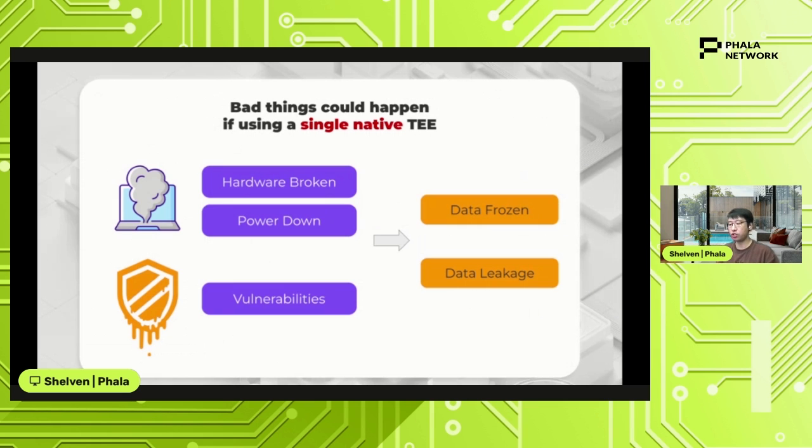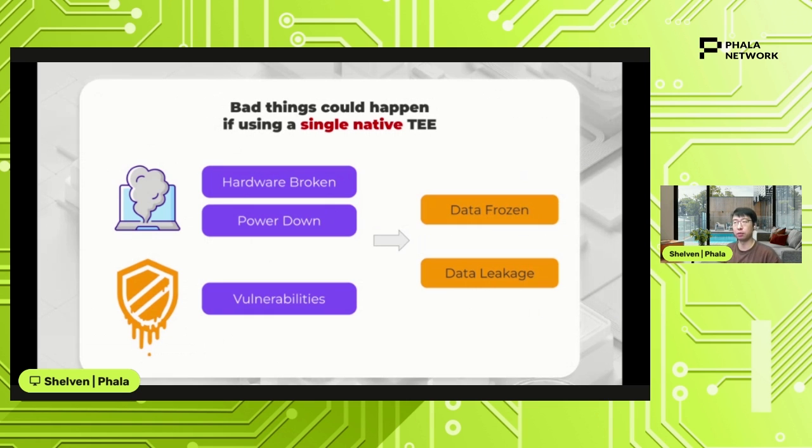And such keys from the TEE are highly coupled with the hardware. So this means, for example, if you try to move the encrypted disk image to another TEE hardware, it cannot be directly decrypted by the TEE. So if your previous TEE hardware is down or broken, then your data can be frozen forever. So this is the cost of all these security promises from the TEE.